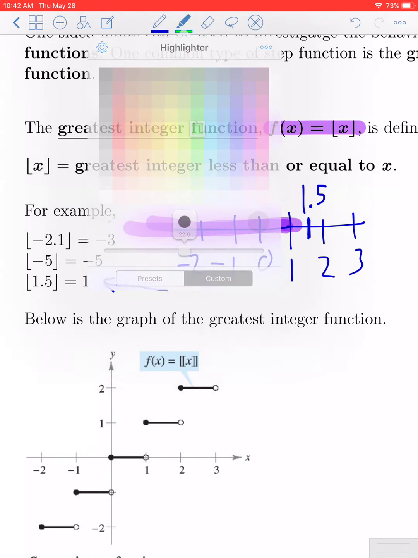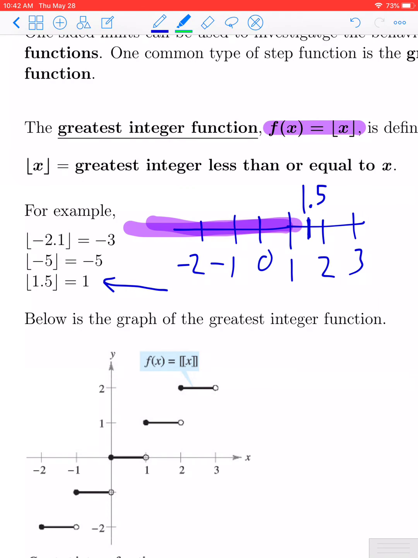But amongst all of them that are less, there's one that is largest, and that's the value 1. So 1 is the integer that's less than 1.5 and greater than all other integers. So we would say that the greatest integer of 1.5 would be equal to 1.